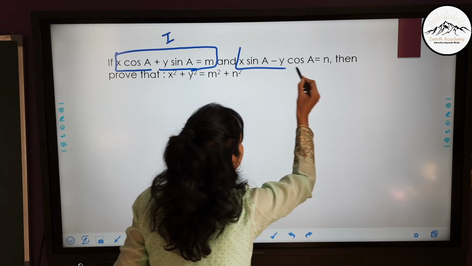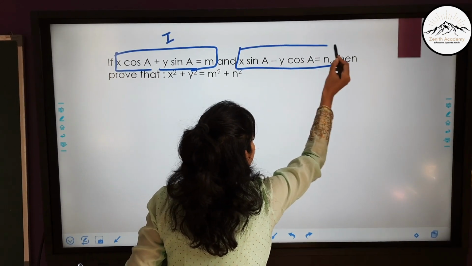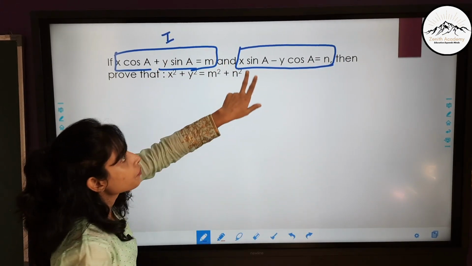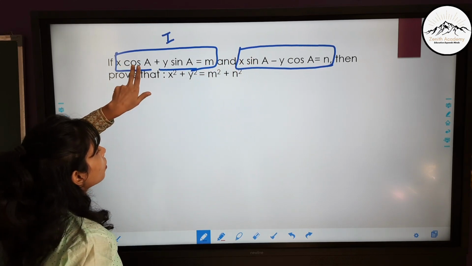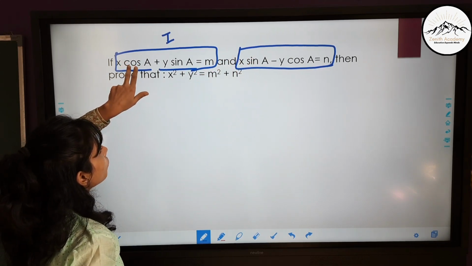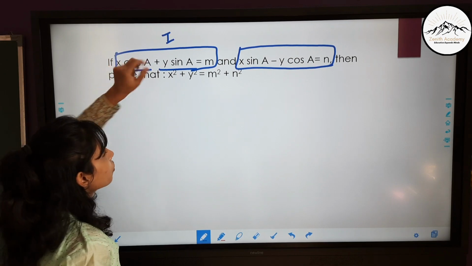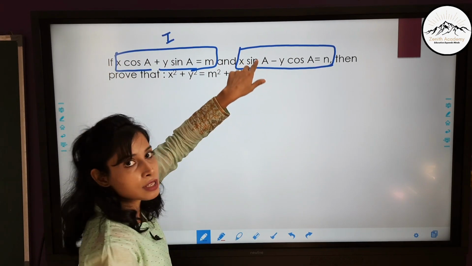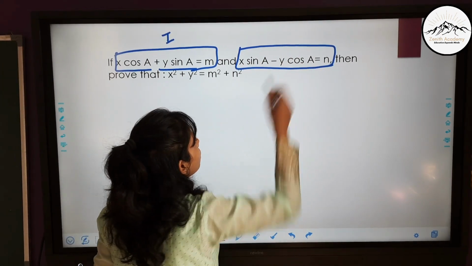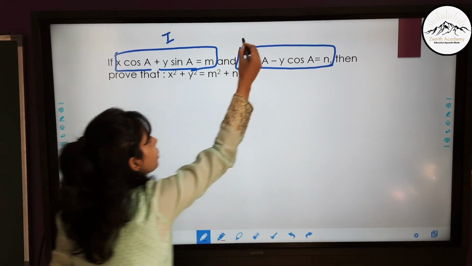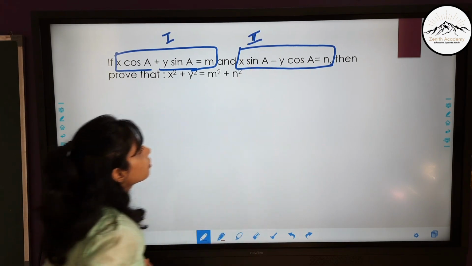And the second equation: here the coefficient of sine is x. Here x was the coefficient of cos, and now it is for sine. x sin A minus y cos A is equal to n. These two equations are given to us. Let's mark this as the second equation.